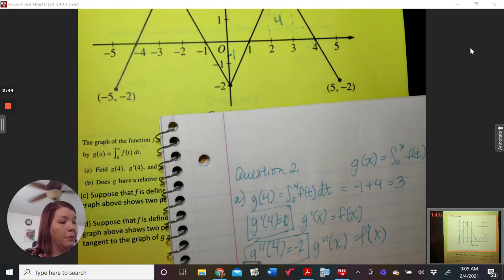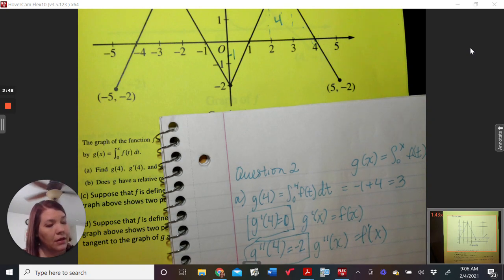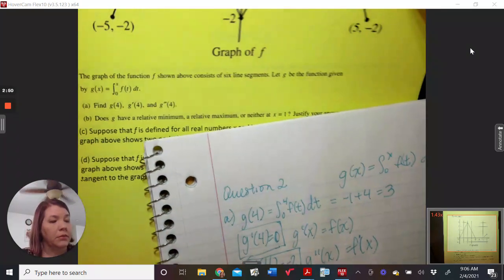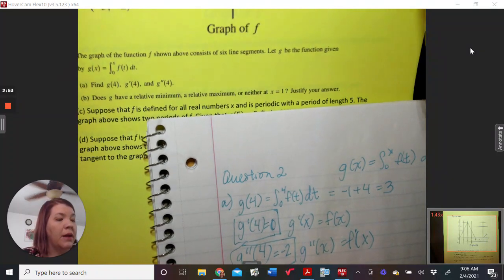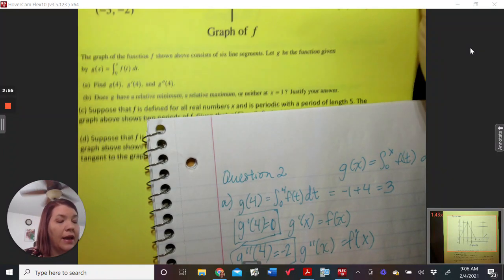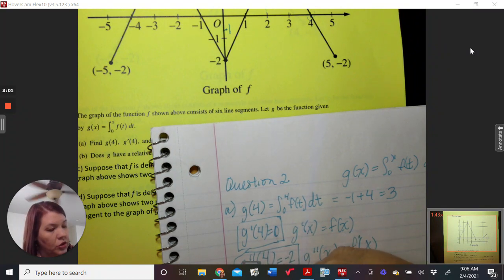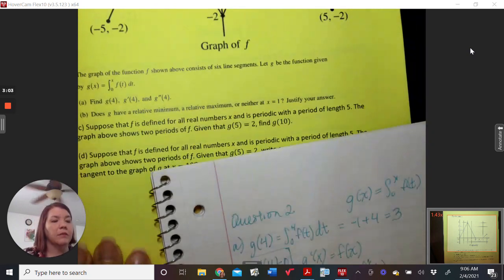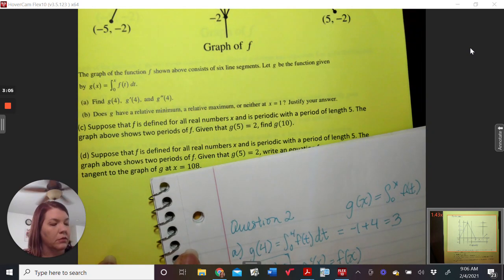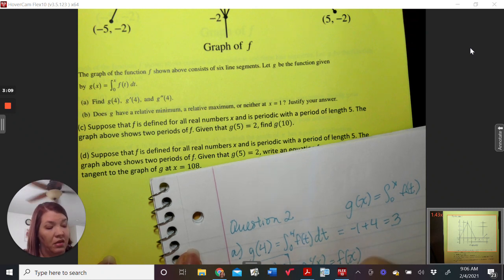All right, part B. Does g have a relative minimum, relative max, or neither at x equals 1? So at x equals 1, what's happening with g? Is it a max, min, or nothing?